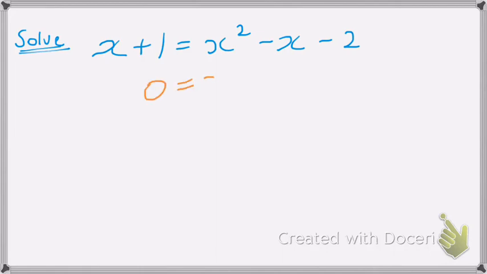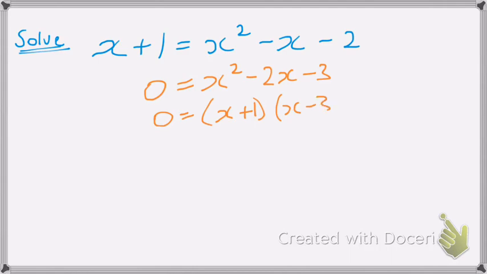I like to keep my x squareds positive wherever possible. Because I already know one of my roots is x plus 1, factorising this is quite easy. So I get that x equals minus 1 or 3. And that gives me enough information to do my integral.